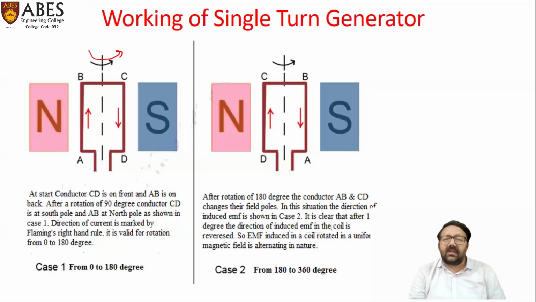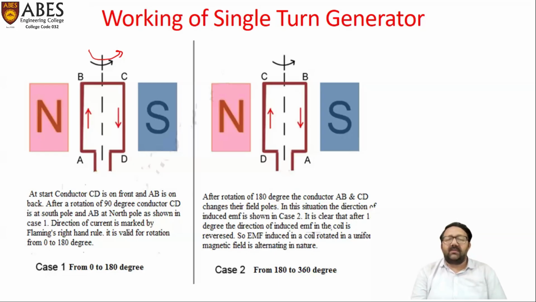If we further continue to rotate the conductor, the AB face will move towards the South Pole, and the CD face will now come into the influence of the North Pole. Again the motion of both conductors changes. Now the AB face is moving away from us, whereas the CD face is moving towards us, and for both conductors the motion is perpendicular to the display.